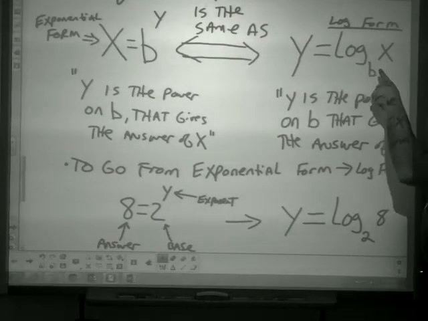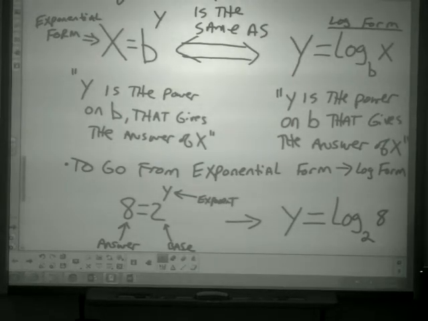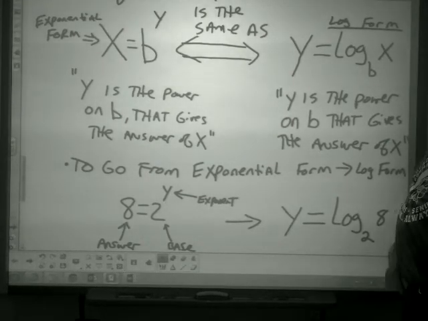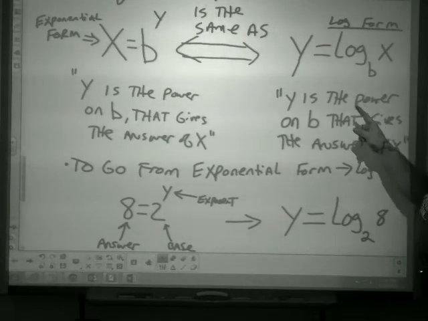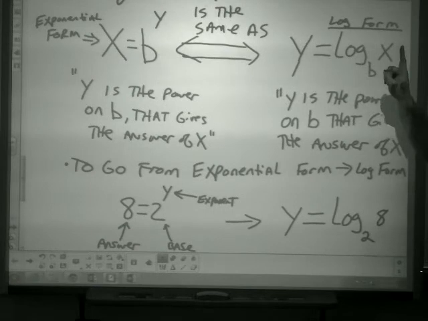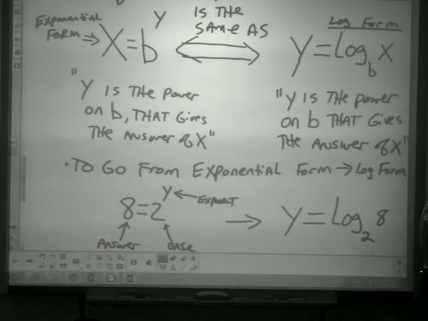Y is the power on b that gives us the answer of x. And so when you fully understand logs, you will fully get that when I see anything like this, I should be able to read it as this is the power of the b that gives us this answer. Okay?